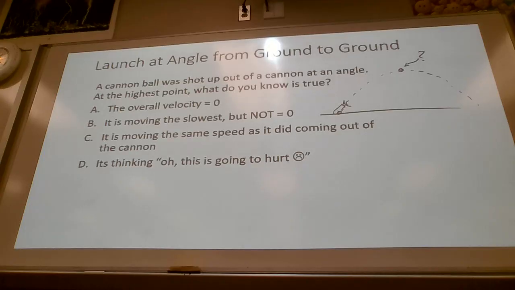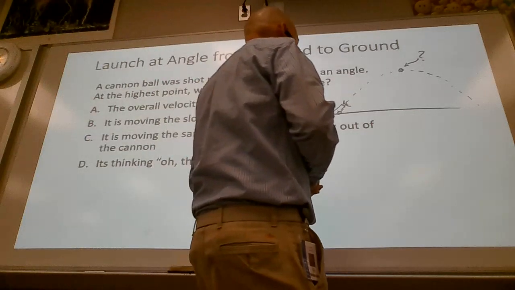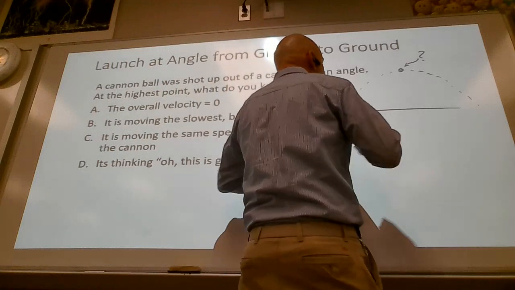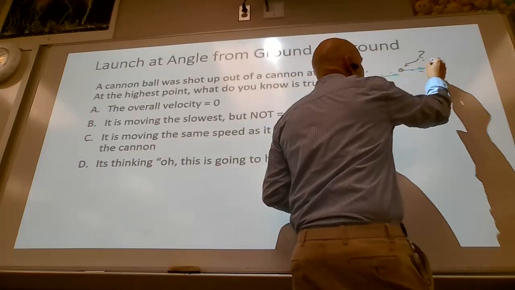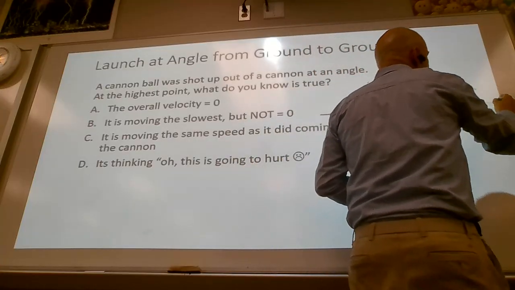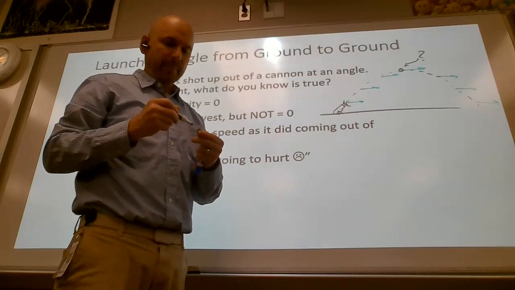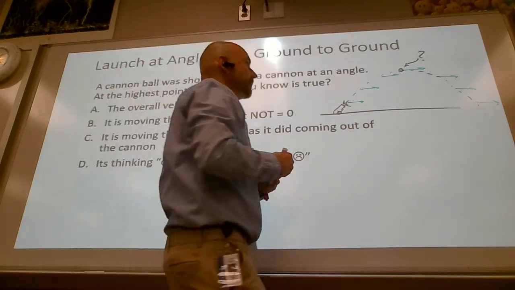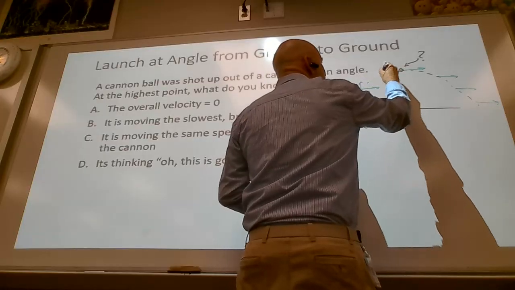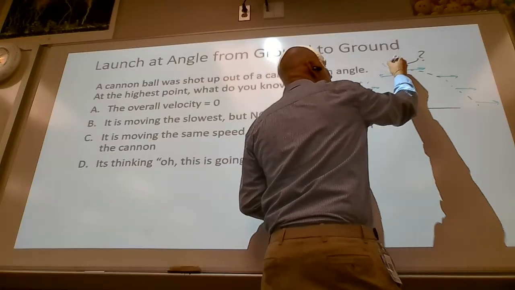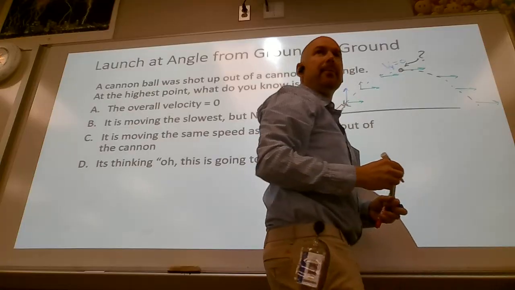Correct answer is B. Okay. Horizontally, it's moving at a certain speed, and it remains moving that same speed the entire time. Vertically, it starts out going fast, but over time it slows down until the very top. That equals 0.